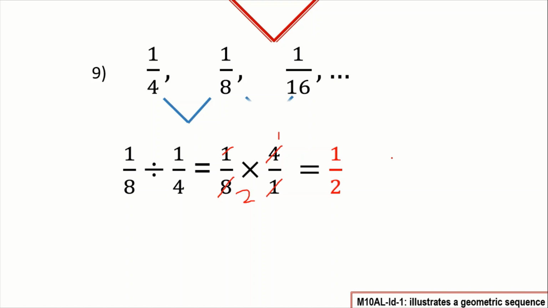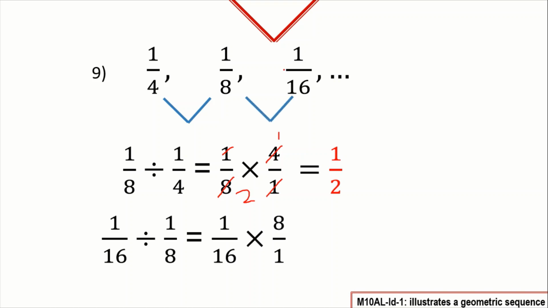Okay? Tingnan natin ang ratio ng third term divided by the second term. So, we have 1 over 16 divided by 1/8. Again, copy ang first fraction, kunin ang reciprocal ng second fraction, so magiging 8 over 1, then proceed to multiplication.